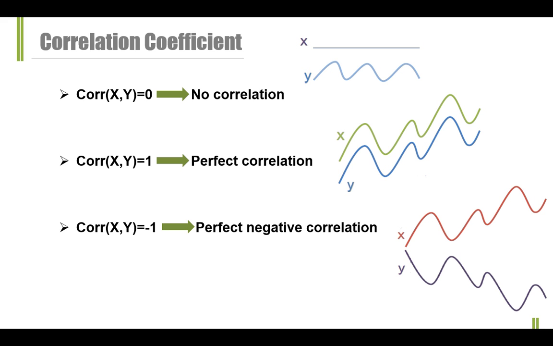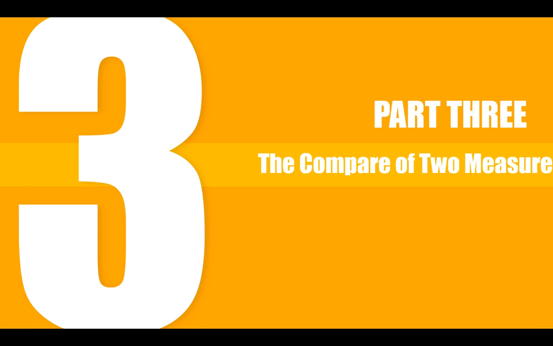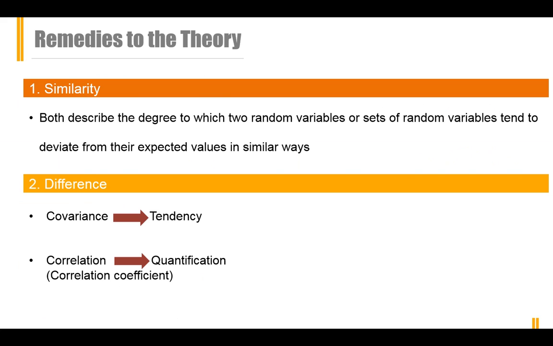And part 3, the comparison of two measures. In probability theory and statistics, the mathematical concepts of covariance and correlation are very similar. Both describe the degree to which two random variables or sets of random variables tend to deviate from their expected values in similar ways. Obviously, they also have differences.